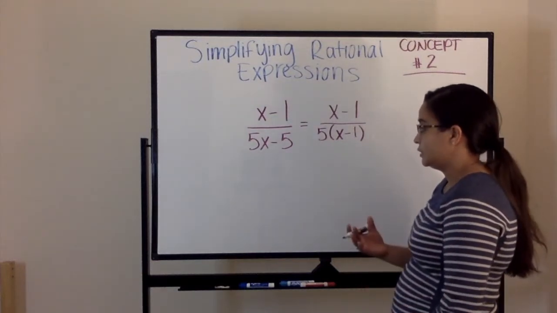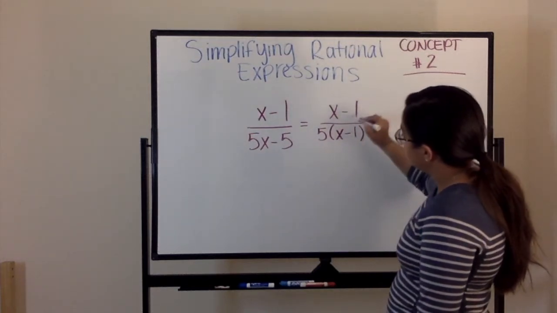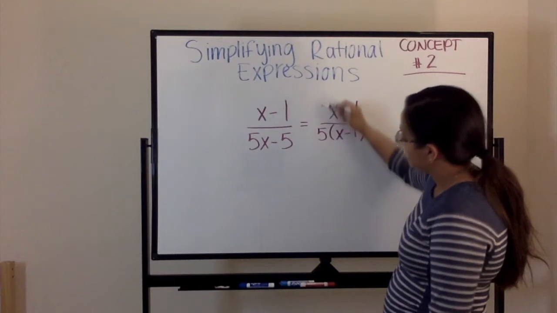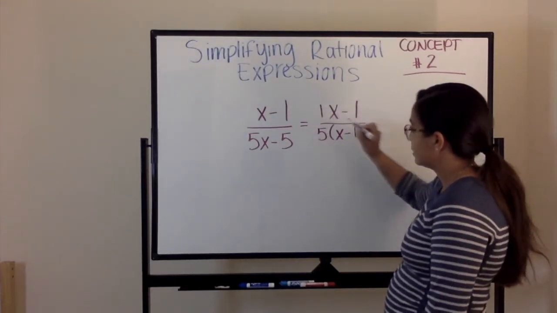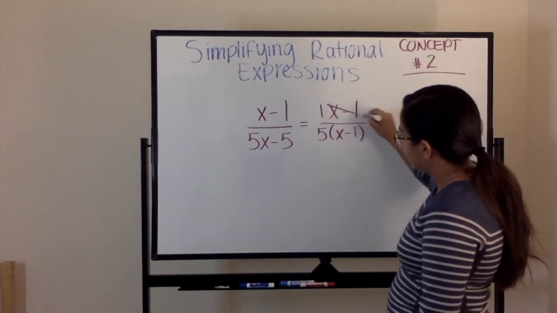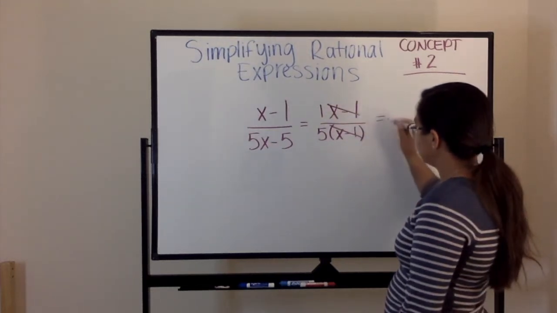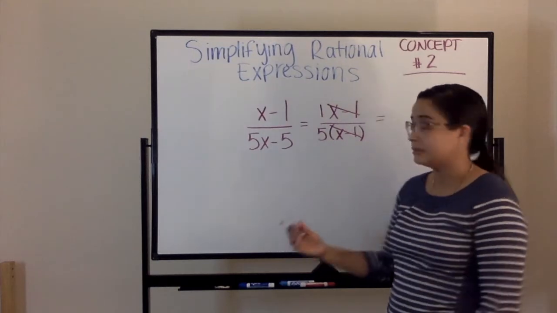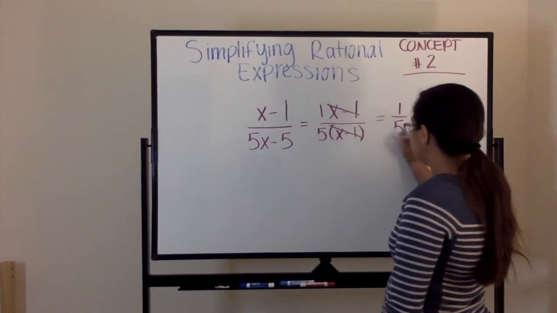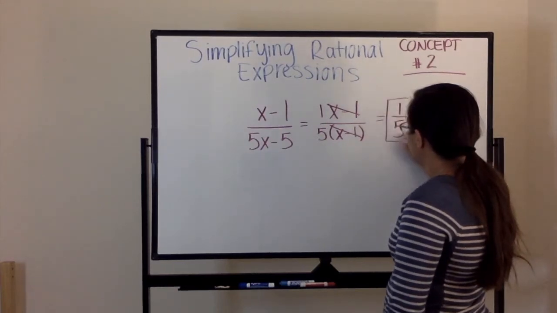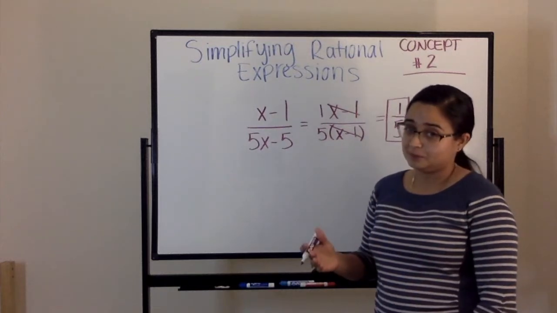Now what we're going to do is divide this. Obviously, there is an invisible one out here. So this and this cancel out because it would also equal 1. So the simplified version of it is 1/5. And that indeed is our final answer.